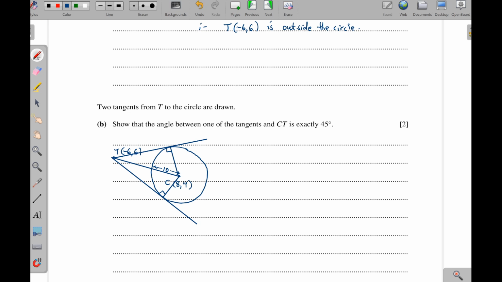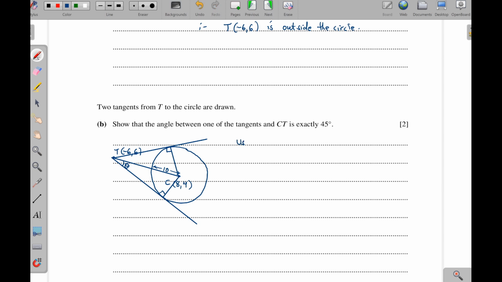Now, what are we going to have? They said the angle between one of the tangents and CT. So this angle here between one of the tangents and CT is 45. Is this one 45 degrees? That is what we want to find out. Now, since this one is a right angled triangle, then we can use SOHCAHTOA.